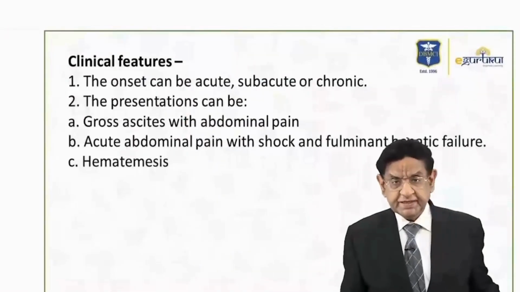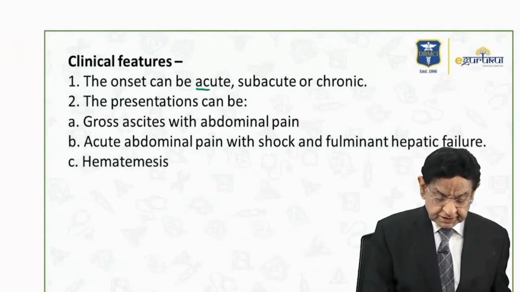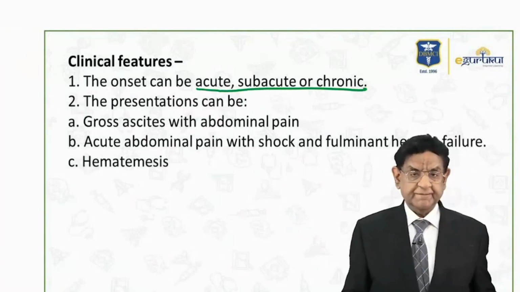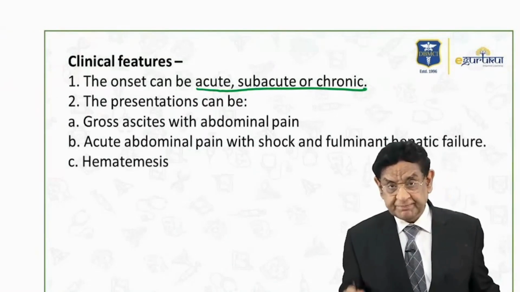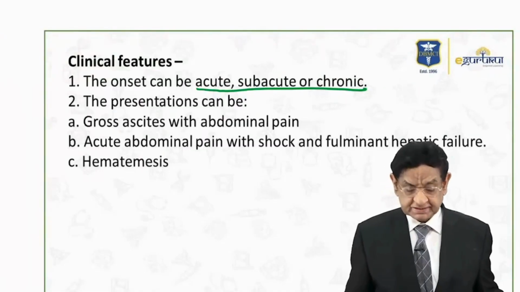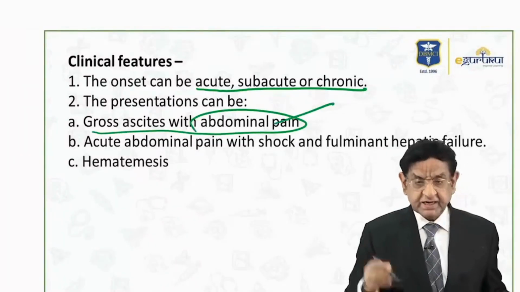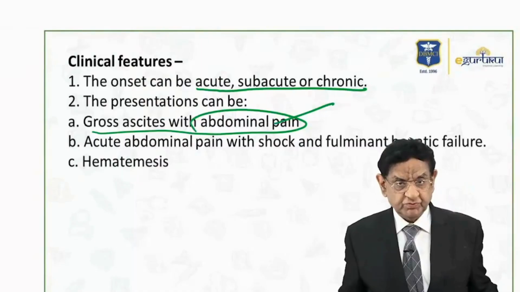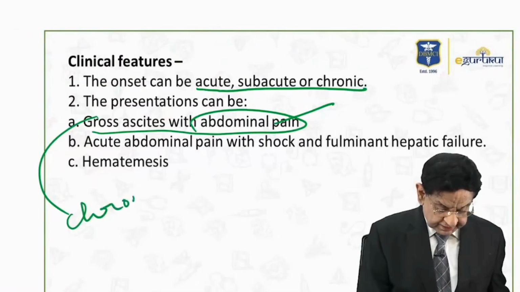The clinical features, as I discussed, depend on whether it is acute onset, subacute or chronic. The presentation, especially for chronic cases, is gross ascites with abdominal pain. Gross ascites will happen only in chronic cases.